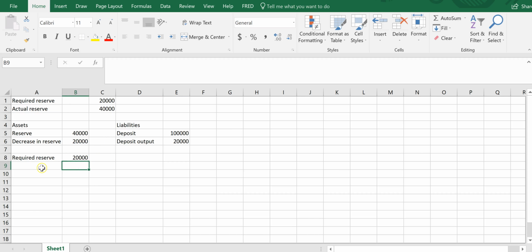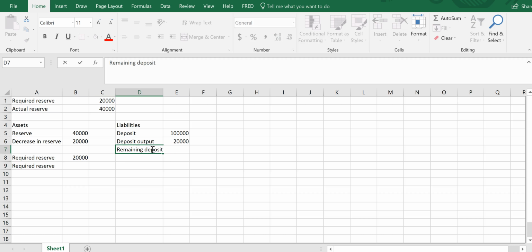So that's the required reserves. That's one way. And another way to express this is, because the remaining deposit is simply the initial deposit minus the deposit outflow, or this is outflow, not output. So the required reserve using the remaining deposit is basically this amount times 20%.